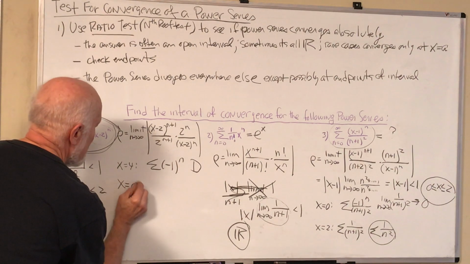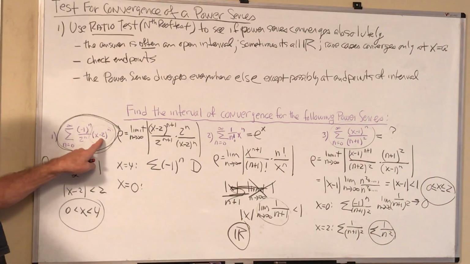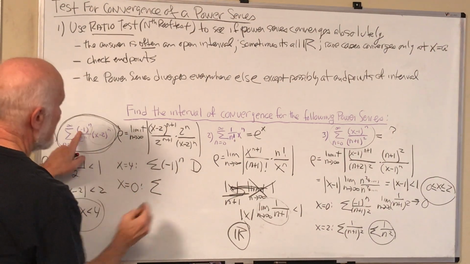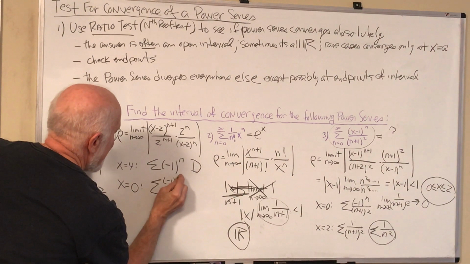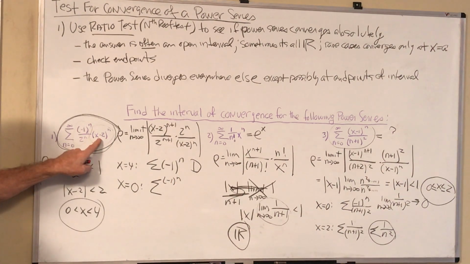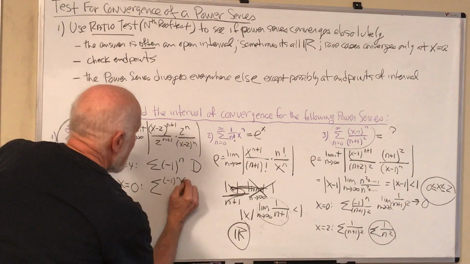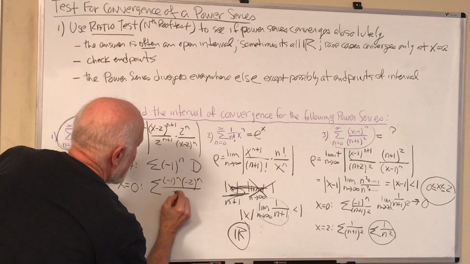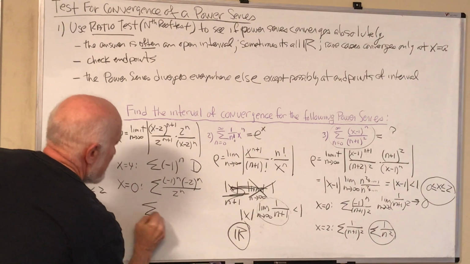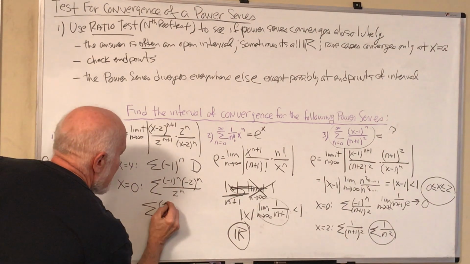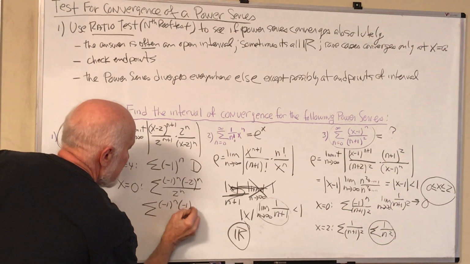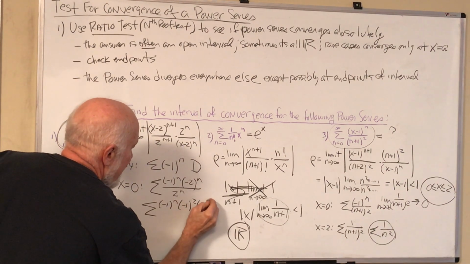Now let's try x equals 0. If I put 0 in here, I'll rewrite it. You get negative 1 to the n times negative 2 to the n, all over 2 to the n. Well, you can write negative 2 to the n as negative 1 to the n times 2 to the n.